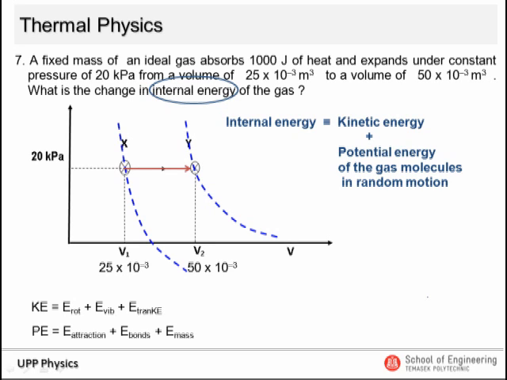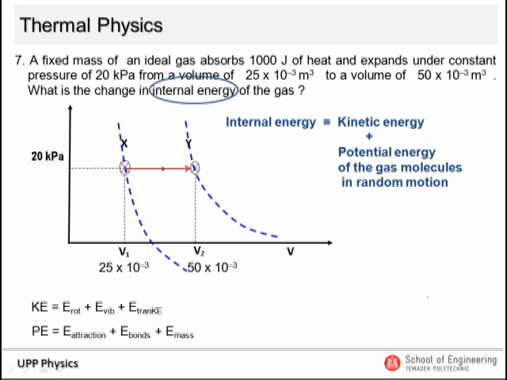In other words, we also mean the rest mass energy of the gas molecules, which is famously known as E equal to mc squared. So these three forms of energy added together will give us the potential energy of the gas molecules.